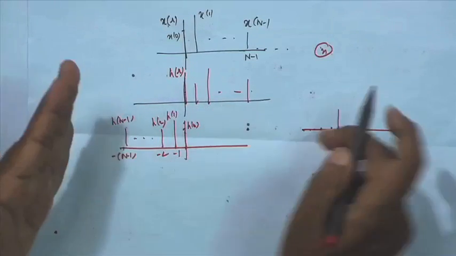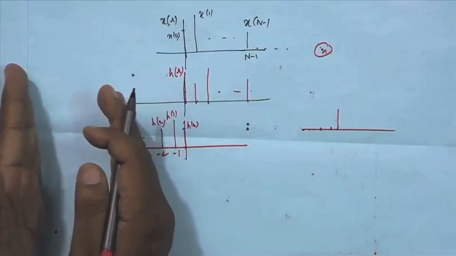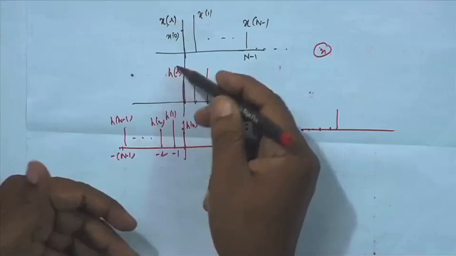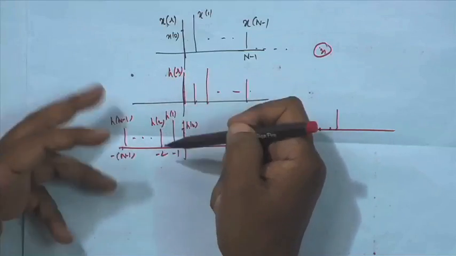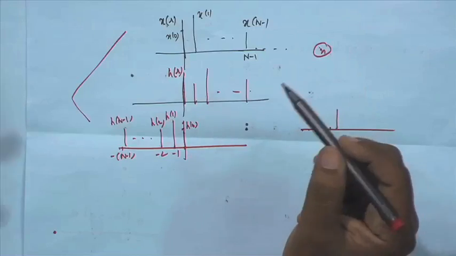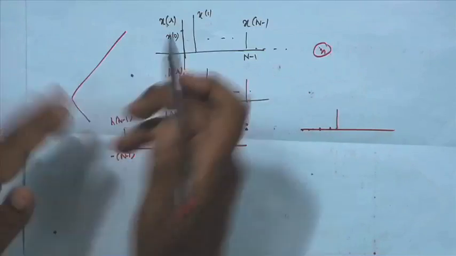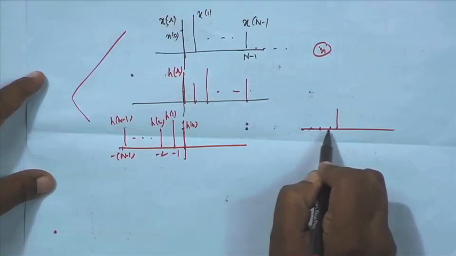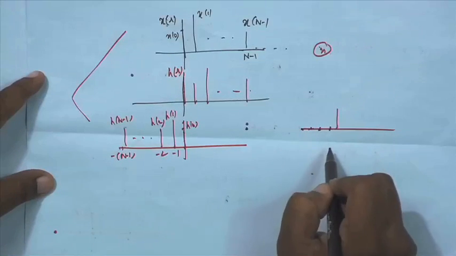Now for n equal to minus 1, this should be shifted to the left by 1. If I do that and multiply sample-wise between the two, there is no overlap, so 0. If I shift it further to the left, again 0. So for n equal to minus 1, minus 2, minus 3, the output is 0.